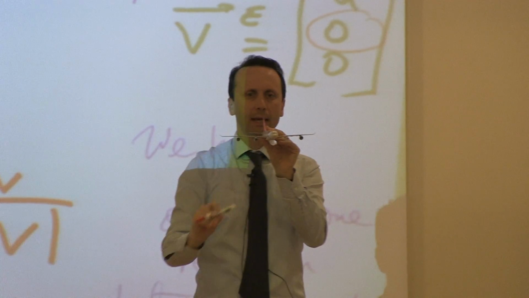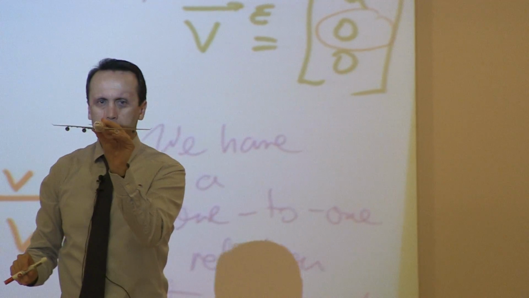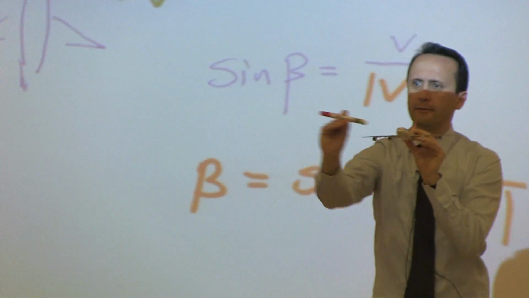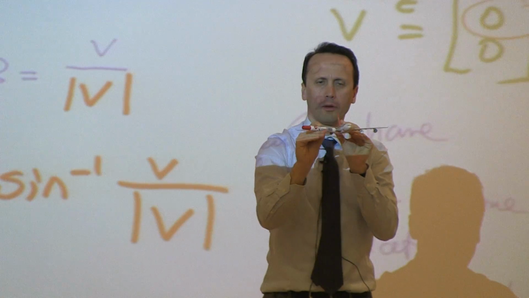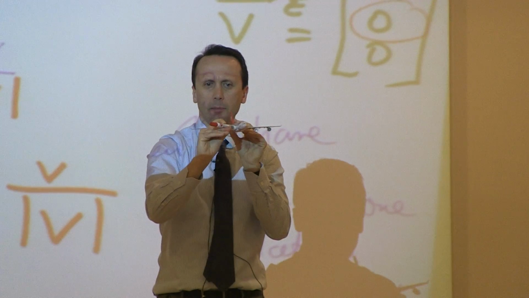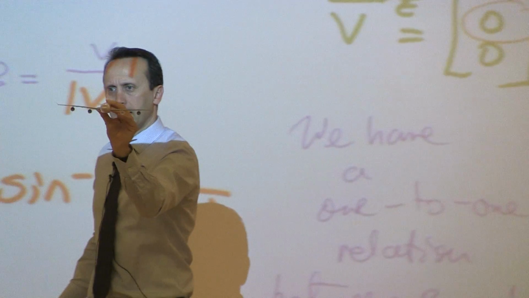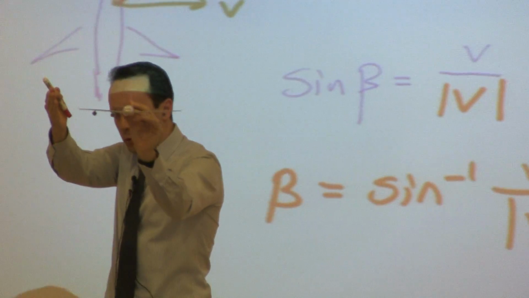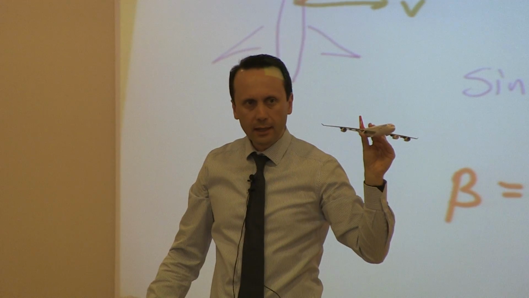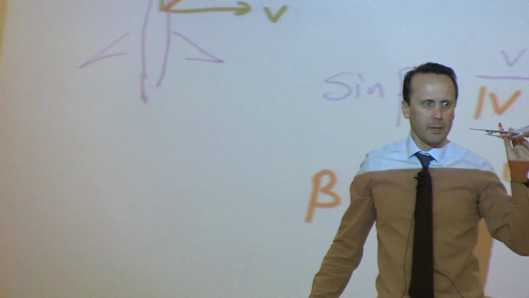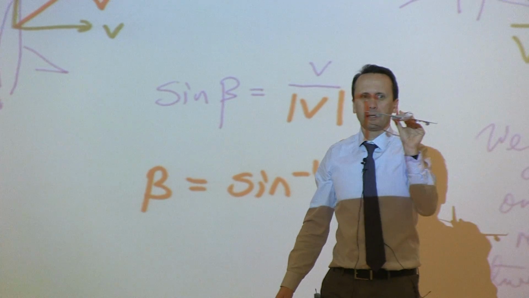So I'm actually moving like that, a little bit to the side. This is V infinity, and this is the velocity of the airplane. So the airplane is not moving straight, it's moving a little bit to the side. It's moving straight towards you, of course, but at the same time it is moving a little bit to the side as well. So the total movement of the airplane is something like this.